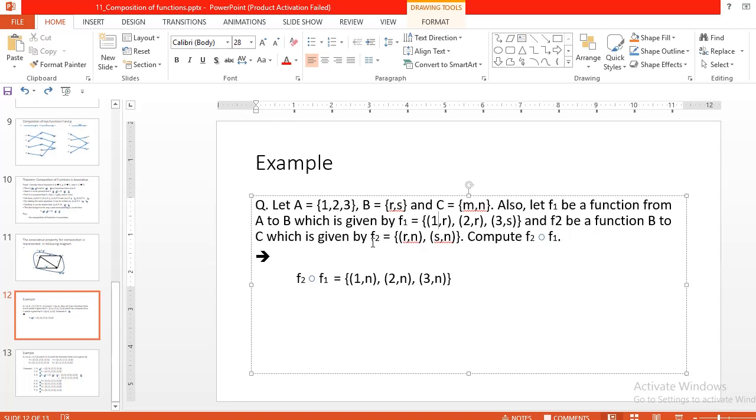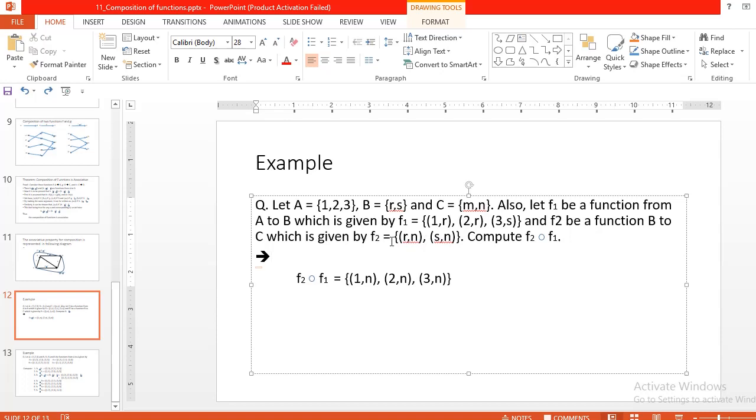Take the first pair rn of f2. The domain of f2 is r and the range of f2 is n. So 1r and rn: the condition is satisfied, meaning the range of f1, that is r, and the domain of f2, that is r, are the same or common.